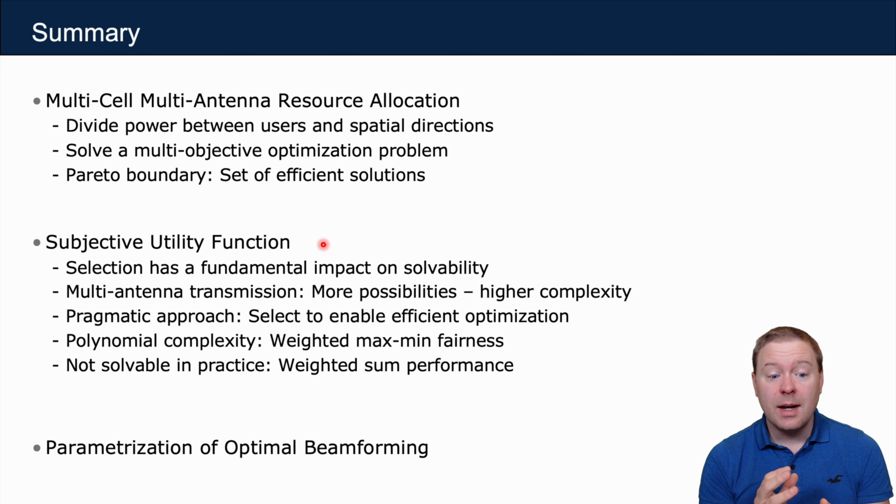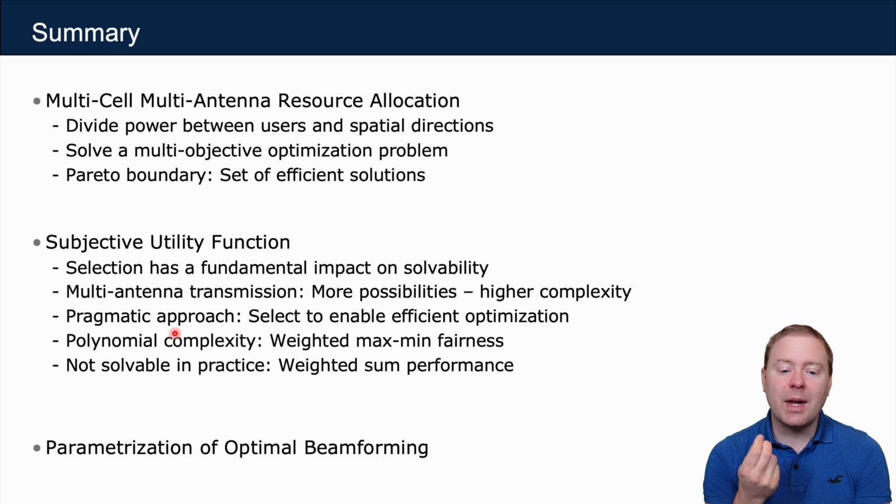And the selection has a fundamental impact on the solvability, how complex the solution would be. And with multi-antenna transmission, we have more possibilities, but also higher computational complexity, but it doesn't change the complexity category to a large extent. The pragmatic approach would be to select the utility function that enables an efficient optimization solution.